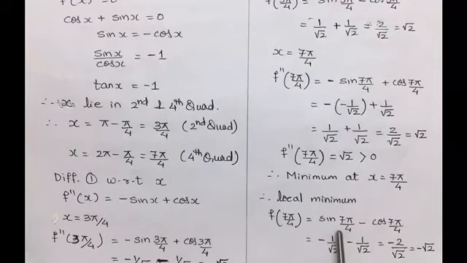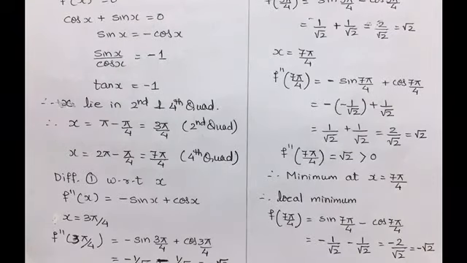Sin is negative in the fourth quadrant, so we get minus 1 by root 2. Cos is positive in the fourth quadrant, so the minus sign stays as it is, and the value of cos becomes 1 by root 2. Minus 1 makes it minus 2 by root 2. Cancellation gives us minus root 2. So the local minimum is minus root 2 at the point 7 pi by 4.